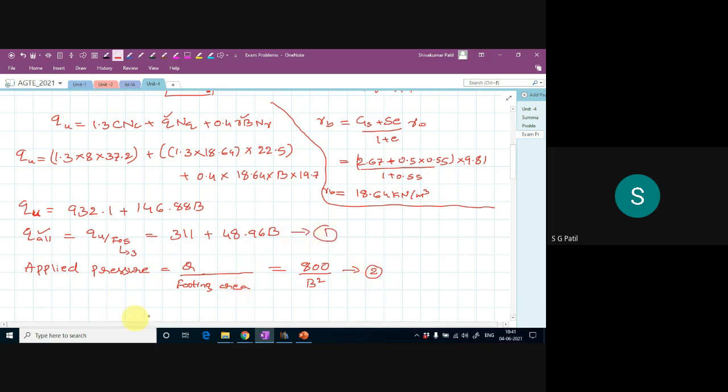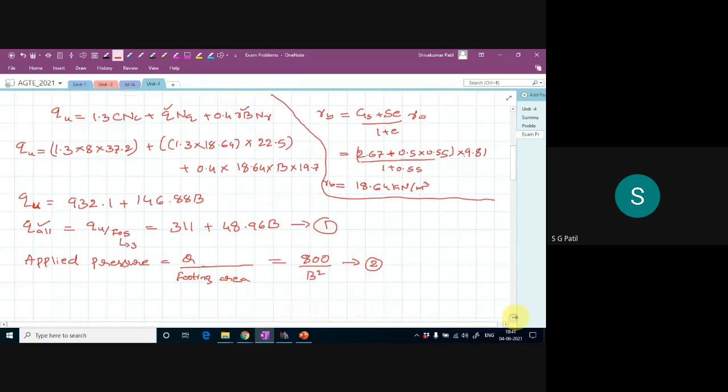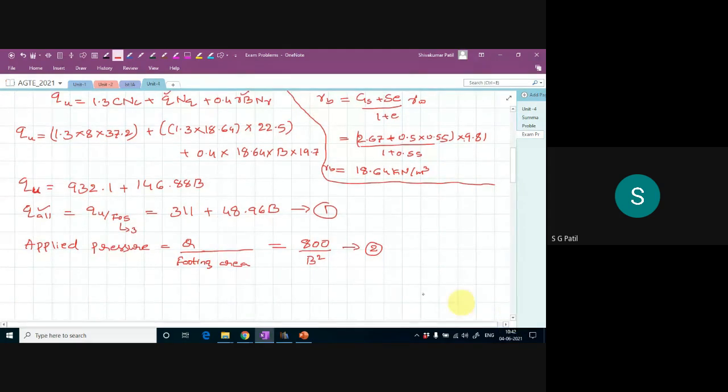Right. So then what will I get? I will get a cubic equation. Equate 1 and 2. You will get a cubic equation. What is the cubic equation?